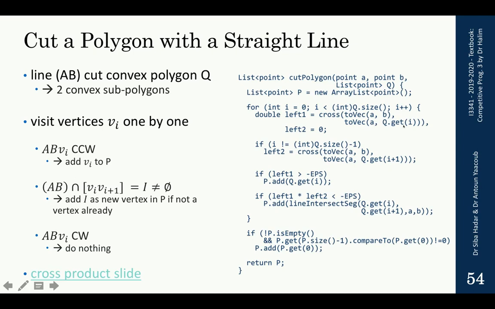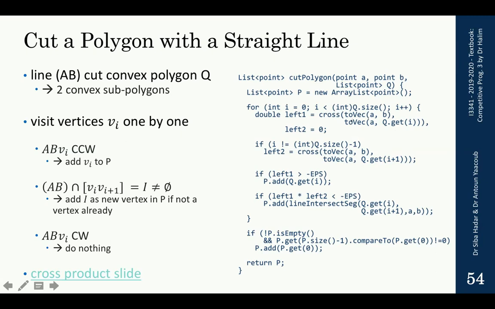vertex I. Each time I give it vertex I, and I see what it returns. What will it return? Positive, 0, or negative. If positive, they form a left turn. If 0, they are collinear, A, B, and Vi.